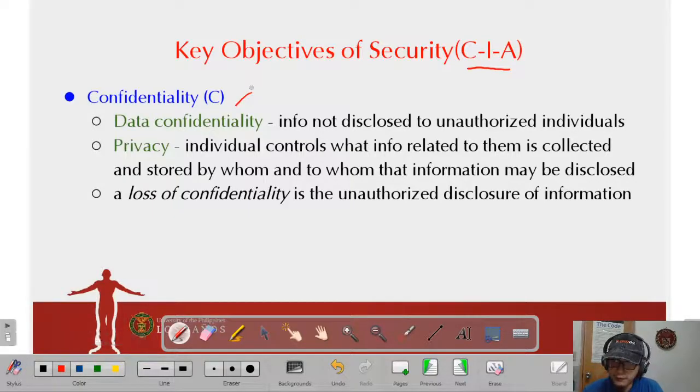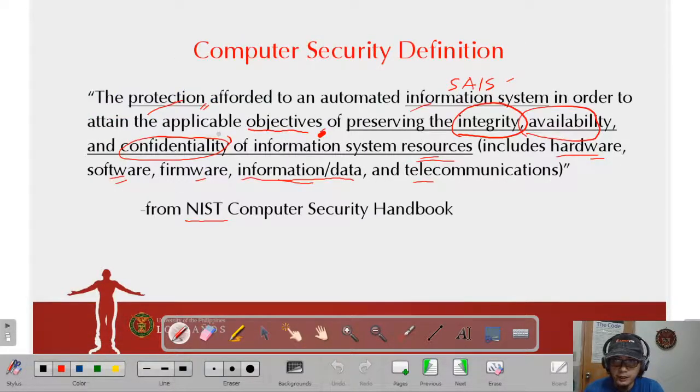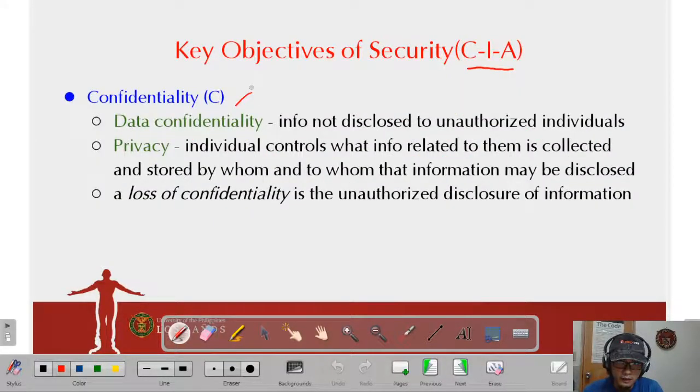For example, in the previous information system, SAIS, we don't want the grades of the students to be accessible to other schools or other students not authorized to access these grades. So that is data confidentiality.